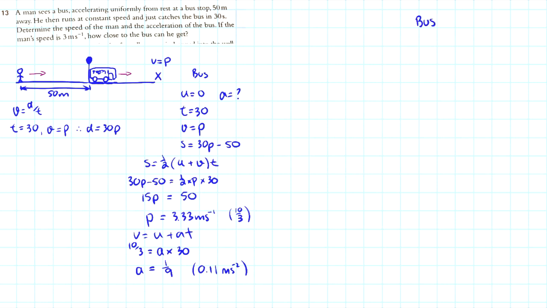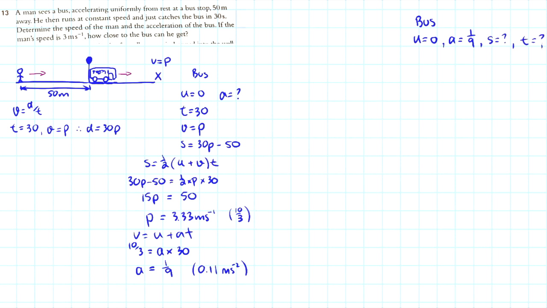What we do know is the bus starts out with an initial velocity of 0. We also know that it has the acceleration we just worked out, 1 on 9. We certainly want to know the distance because we want to know how close the man gets to the bus, and it's going to have to be related also to time.